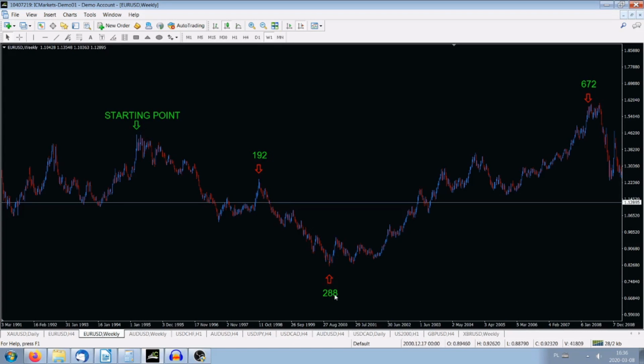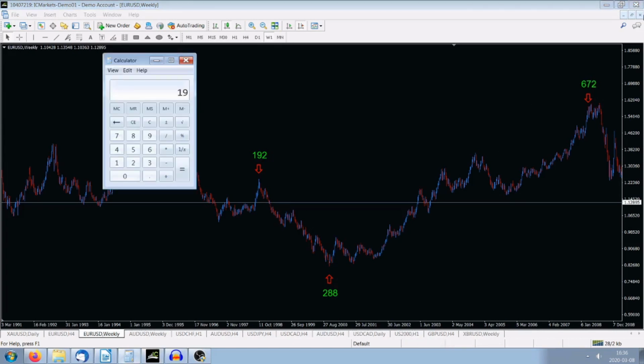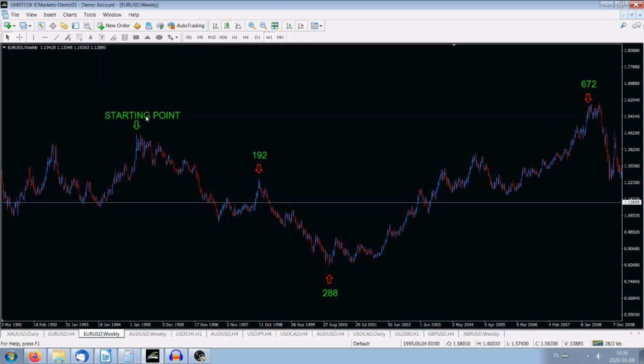Here we got 288 candles on the weekly chart from this top and the trend reversed again. Here we got 672, which is also a multiple of 12. 672 divided by 12 makes 56 cycles of 12, and so on.